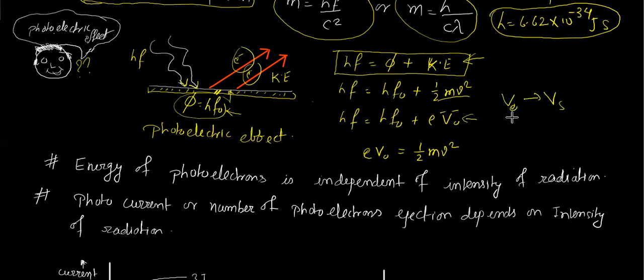Both are the same thing. From these two expressions we can equate the two parameters: eV naught equals half mv square.